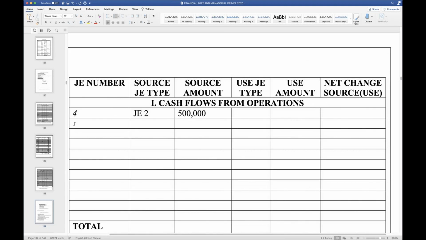So we have transaction 5. We have transaction 6. They both are JE9s. So how much was transaction 5 for? $20,000.